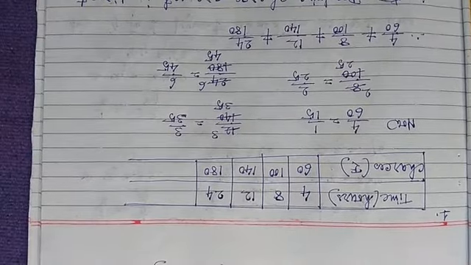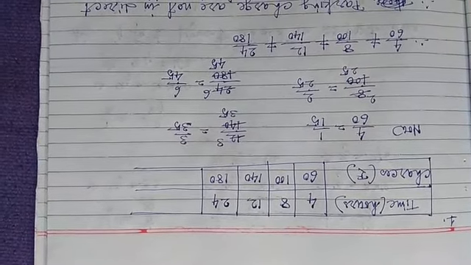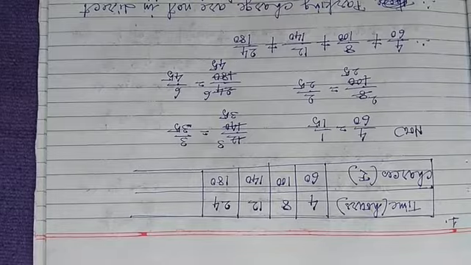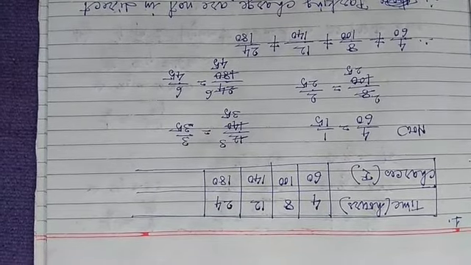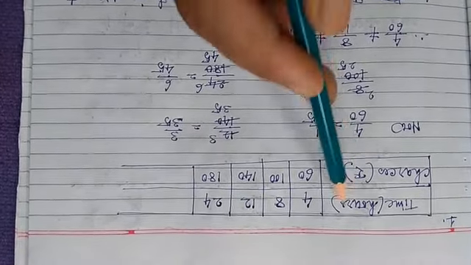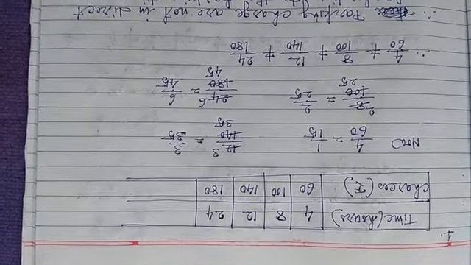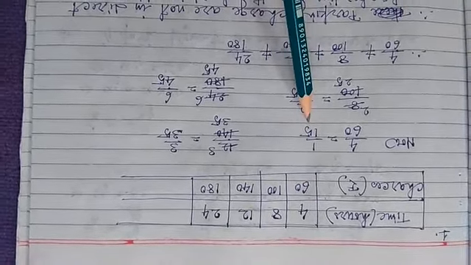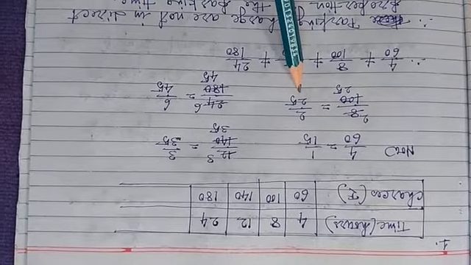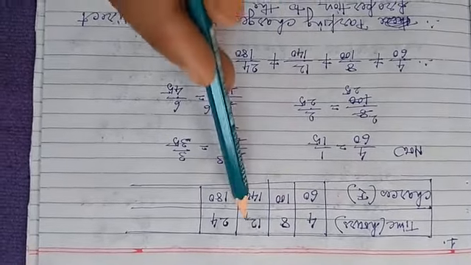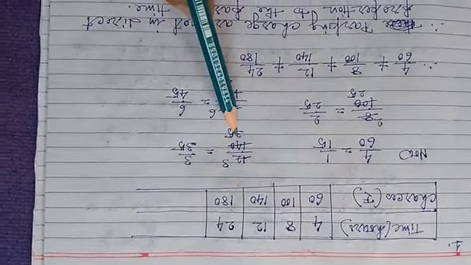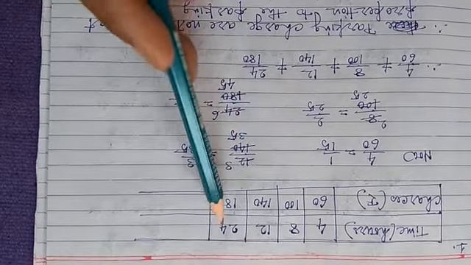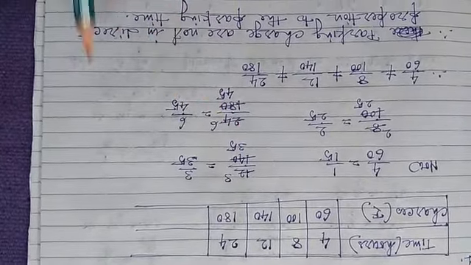Check whether the parking charges are in direct proportion to the parking time. Check whether these two variables are in direct proportion or not. So check the ratio. 4 by 60 equal to 1 by 15 in simplest form. 8 by 100 equal to 2 by 25, simplest form. 12 by 140 equal to 3 by 35, and 24 by 180 equal to 2 by 15.